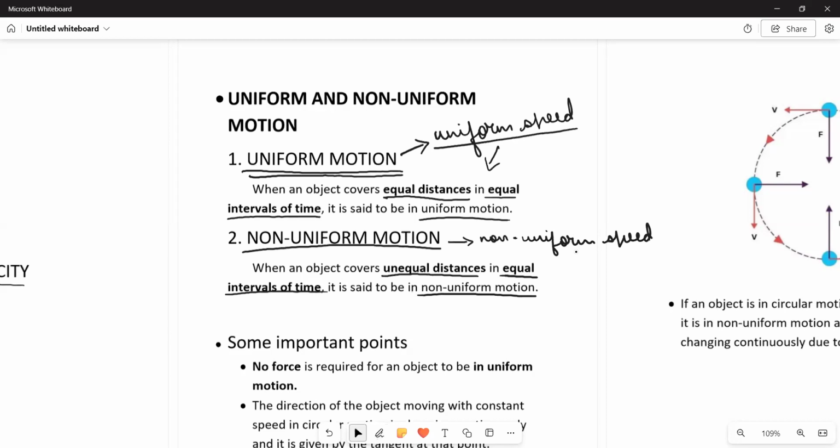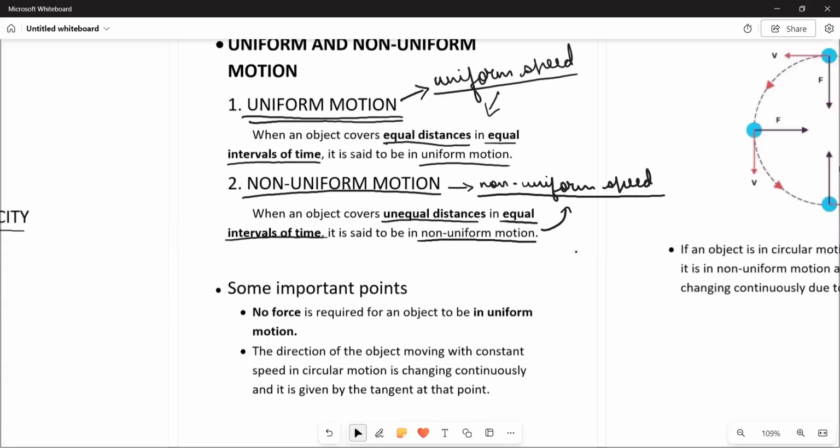With this we can say that whenever there is non-uniform speed, we'll get a non-uniform motion. Non-uniform motion is when unequal distances are covered in equal intervals of time, and it is also the same for non-uniform speed, which we have discussed already.